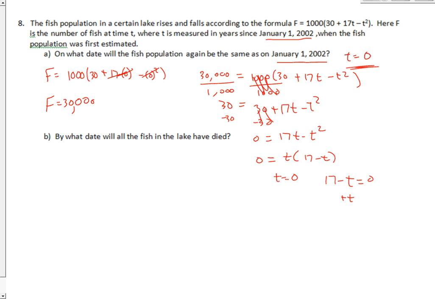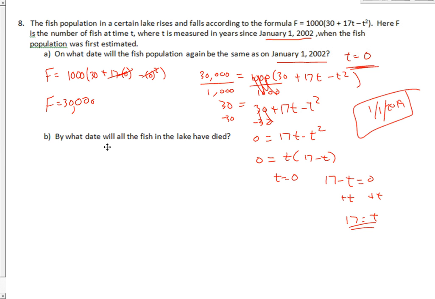We're going to add t to both sides and find that 17 is equal to t. So the other time frame is 17 years later for that fish population to be the same. So 17 years later from 2002 is 2019. So our answer to this is January 1st of 2019 is when the fish population will be the same.